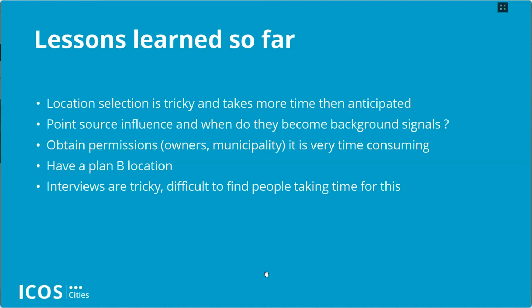At some point they will be like background, but they can be very important if they are close by. And from a social interaction viewpoint, it proved tricky as well that interviewing people is hard, and you will not get many people taking their time for it.